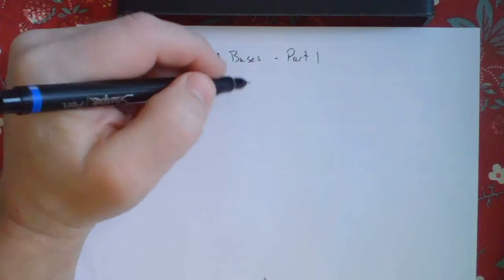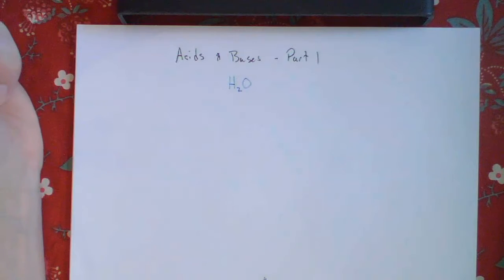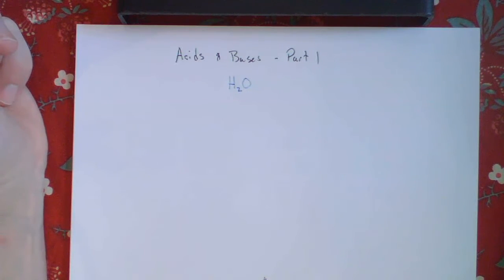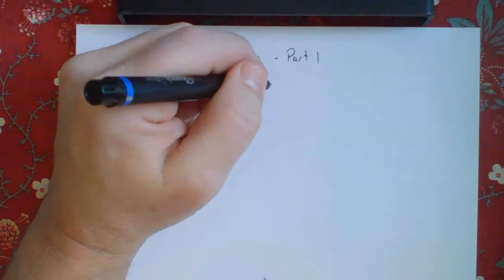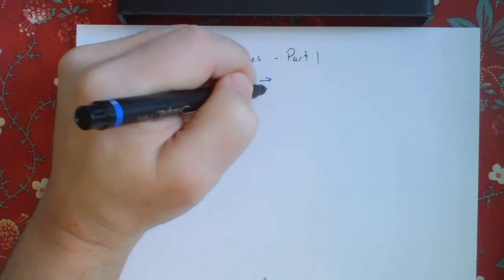When we first start looking at acids and bases, I always like to look at water first. So we're going to look at the case for water and what happens with it. Typically we say that water doesn't like to separate into ions, but at a very, very weak level it will dissociate into ions.